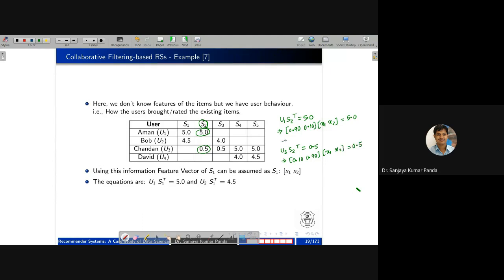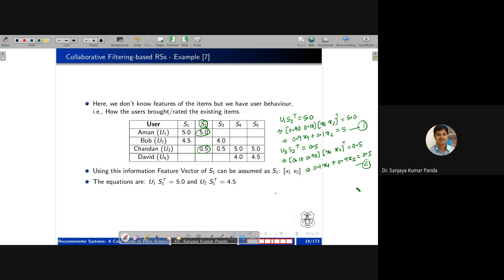If you solve this, you will get 0.9 x1 plus 0.1 x2, with transpose, is equal to 5. Here it is 0.1 x1 plus 0.9 x2, and you will get 0.5. You can consider this as equation 1 and this as equation 2.